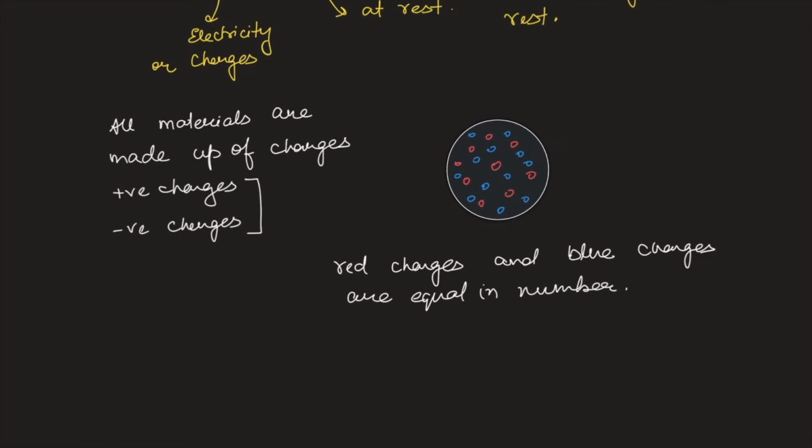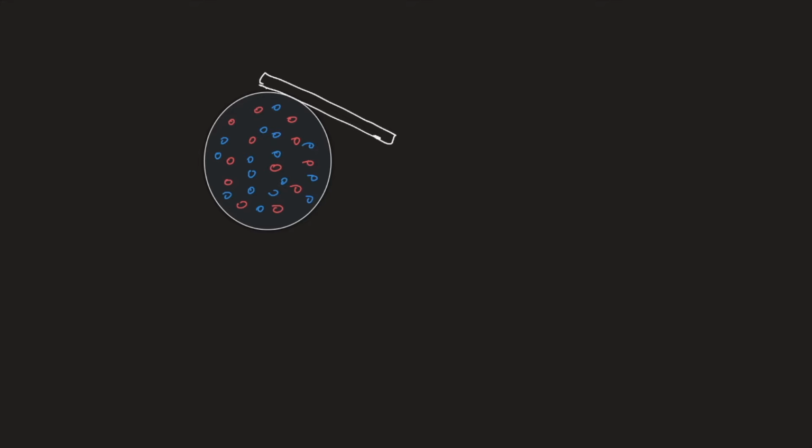So let's see what is happening. This is our material, and as I told you, it is made up of red charges. And it is also made up of blue charges. Now, when you take up another material, let's say this material is B and this material is A. A and B are two different materials.